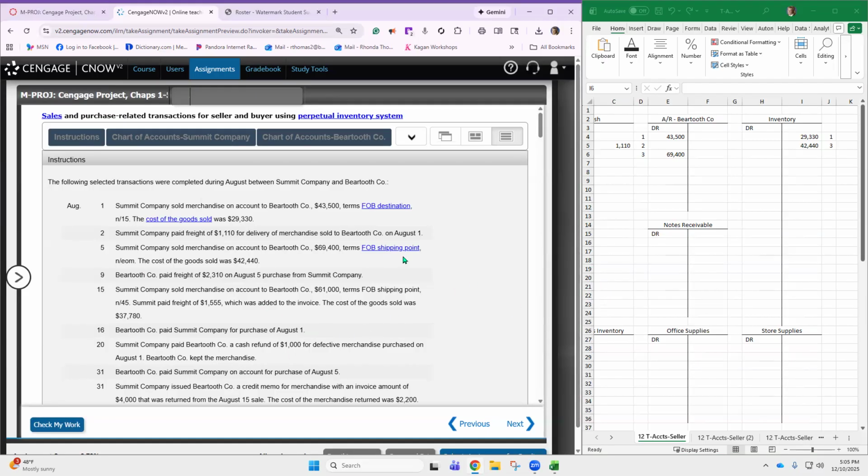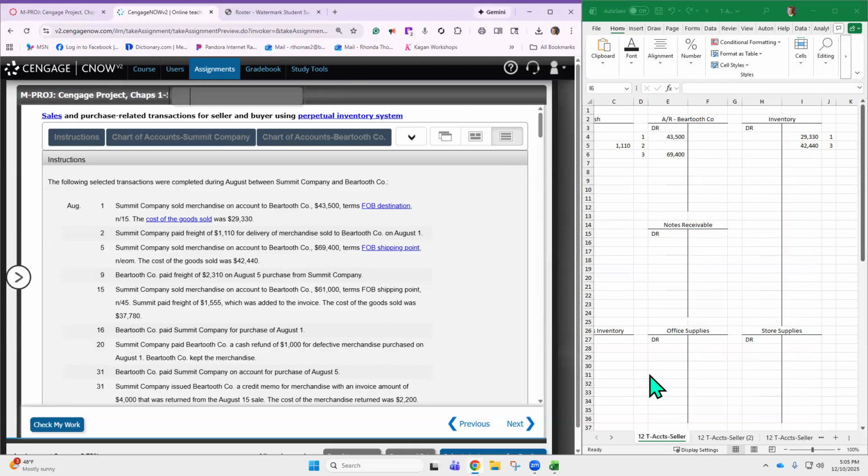All right, so then August 9th, Beartooth paid freight of $2,310 on August 5th purchase from Summit Company. So Beartooth, this is going to be a transaction from the buyer's point of view.